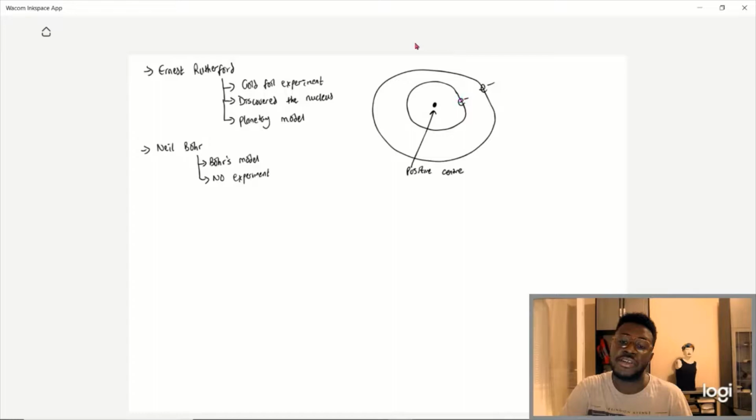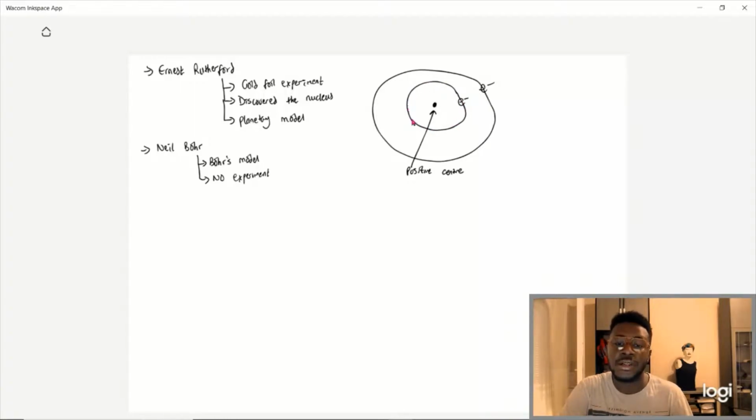Okay, so if you're changing direction and you're moving, that means you're having acceleration. Acceleration is a change in velocity. So you're having acceleration because your velocity is changing. Your velocity has a particular direction. So you're changing direction, you're having acceleration. In this case, you're having circular acceleration.